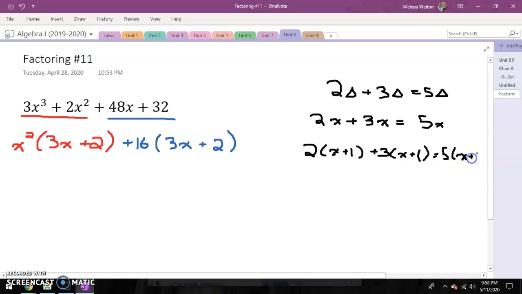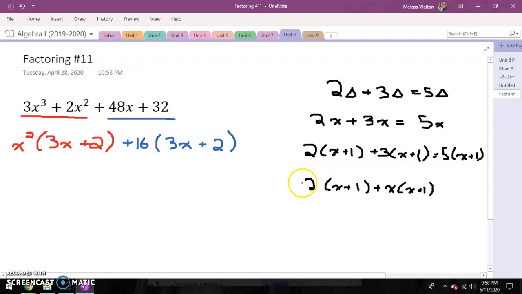All right, and last thing here. Let's say I have 2 of x plus 1 plus x plus 1. Well, just like we did in our previous problem, I have 2 of x plus 1 plus 3 of x plus 1. I have 5 of x plus 1.